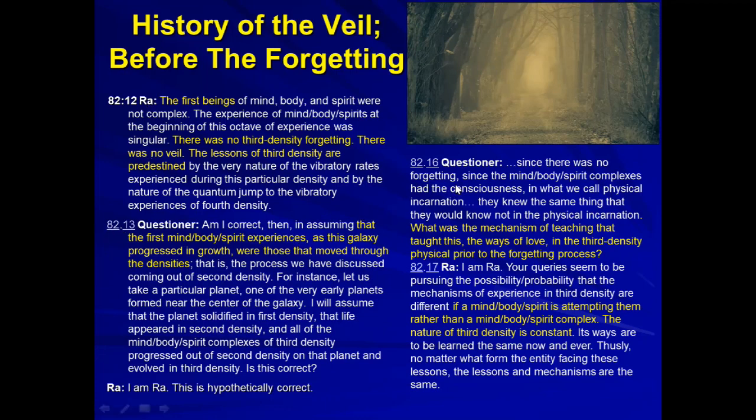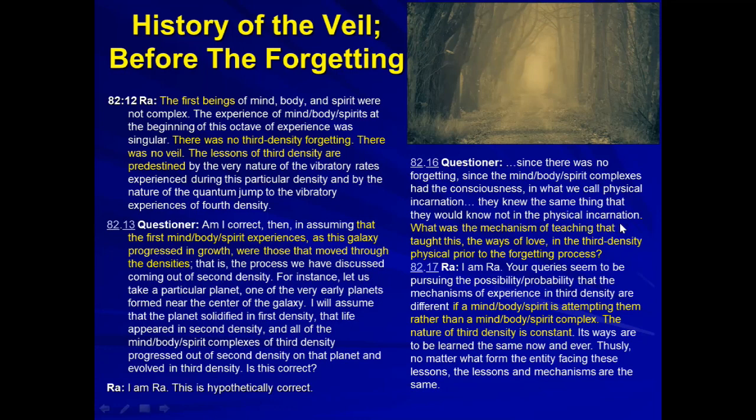So again, these are following through, right? 81.2, 81.3. Now we jump a bit because they sort of talk off script a little bit. Then he comes back in 82.16. Since there was no forgetting, since the mind-body-spirit complexes had the consciousness in what we call physical incarnation, they knew the same thing that they would know not in the physical incarnation.